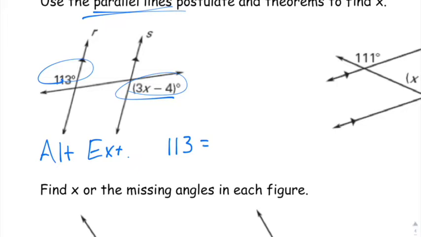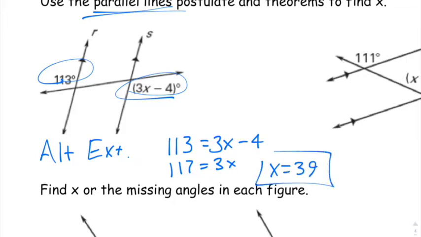So you can go 113 equals 3x minus 4, and then solve that by adding 4 to both sides. That'll be 117 equals 3x, and I'll go ahead and use a calculator here real quick. And x is going to be 39 in that case. Actually, not even degrees, it's just x equals 39. Okay, so there you go.